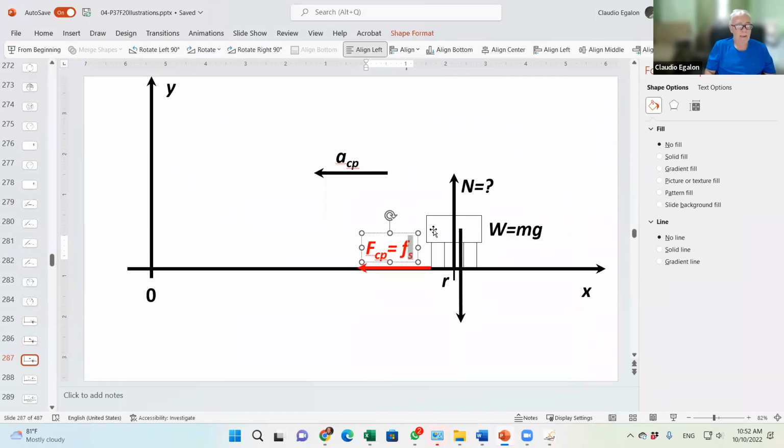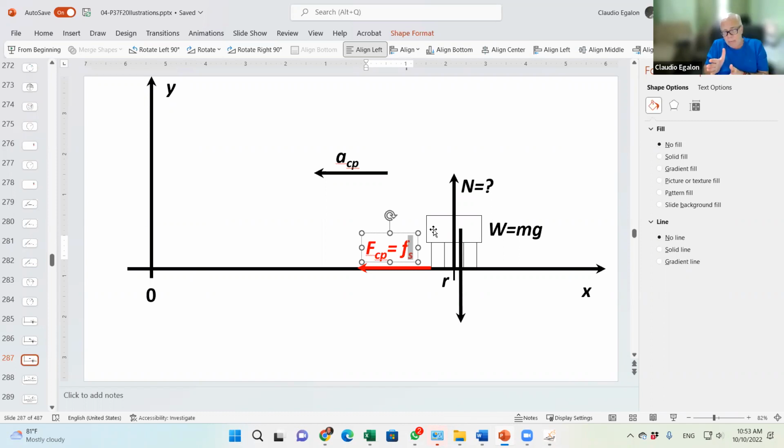That's exactly what happens when you're turning your car around a curve. When you're negotiating a curve with your car, do you hear that sometimes the tire is screeching? If you're moving too fast in that curve, the tires of the car start to screech. So what's happening when the tire starts screeching?